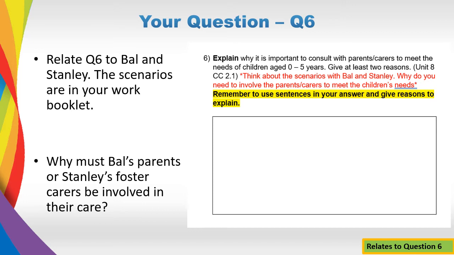Think about Bal and Stanley, their stories, their scenarios. Why do you need to involve the parents and carers to meet those 2 children's needs? Remember to use sentences in your answer and give reasons. It's an explanation, so you need to say what the reasons are for doing this. Why must Bal's parents or Stanley's foster carers be involved in their care, for example?